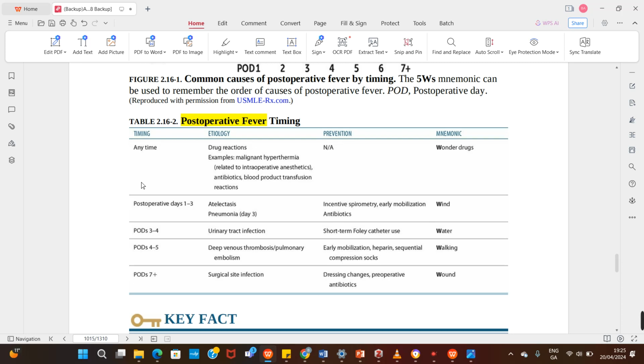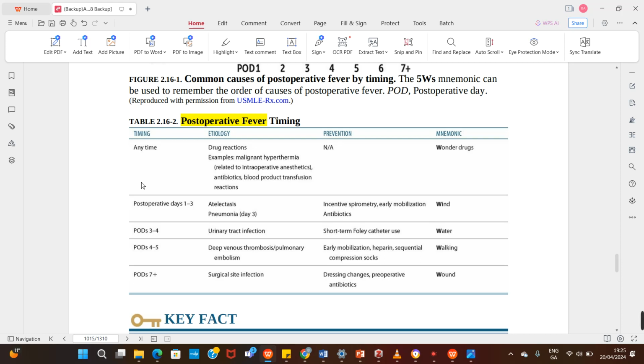It's faster than water, ship, boat, submarine. And water is faster than walking. So for day 1 to 3, you get there faster because you are moving by wind. Then 3 to 4, water. 4 to 5, walking. Then 7 and beyond, wound.